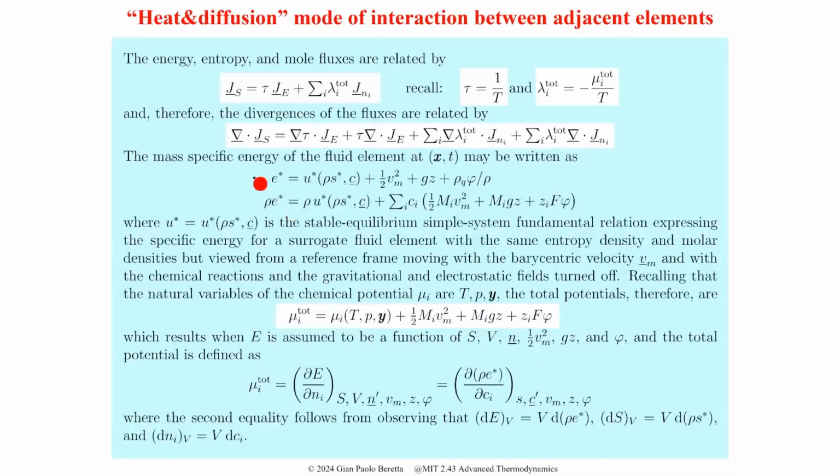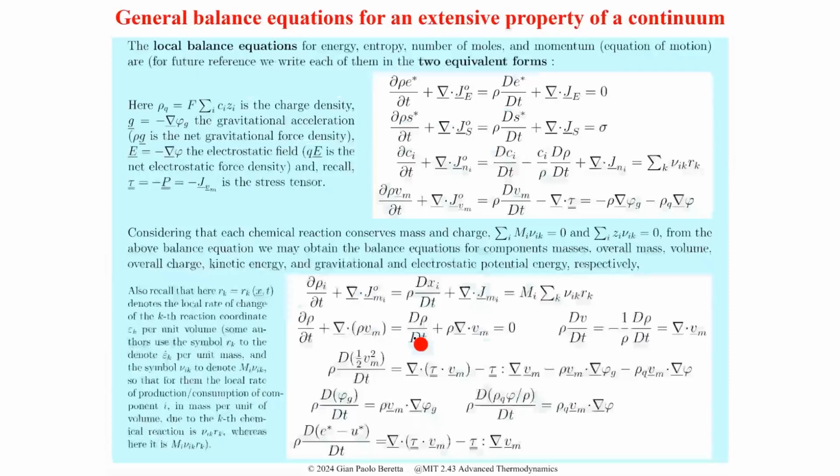The total potential, therefore, which is defined this way, as the derivative of E with respect to N, is given by these contributions: the chemical potential plus the potentials for kinetic, gravitational, and electrostatic. Okay? So this is where we were, I guess.